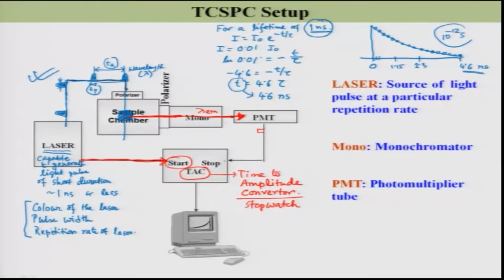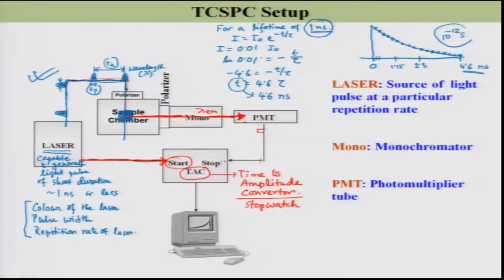It may take some time and you will get a photon falling on the photocathode of this PMT, and this is converted to an electron, and then the current pulse will stop it. So, the delay between excitation and emission, plus the path length required to excite and then the whole process required to reach this stop pulse, is the difference between the start and the stop.